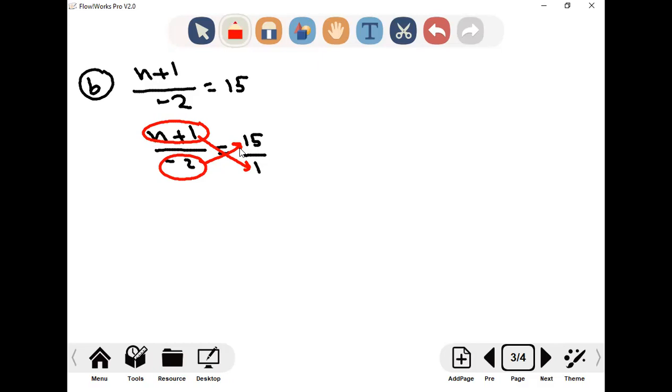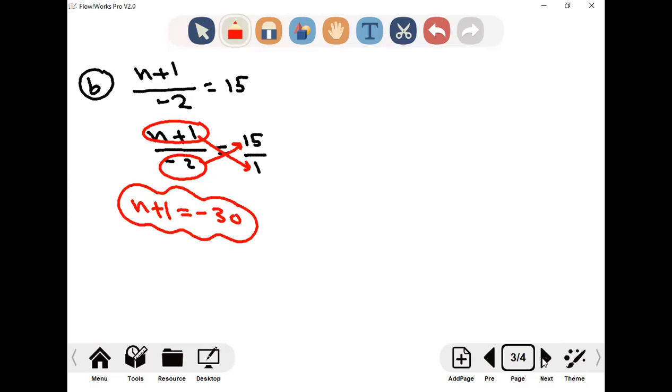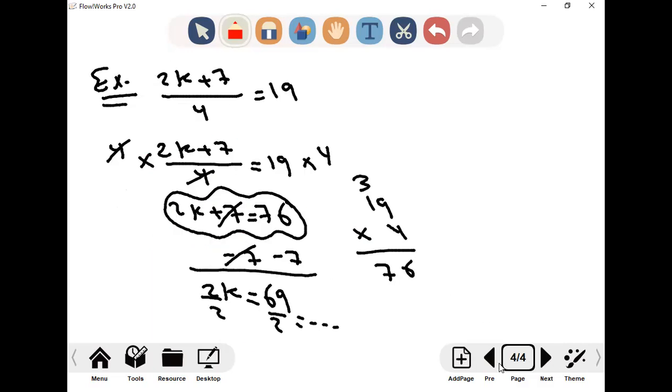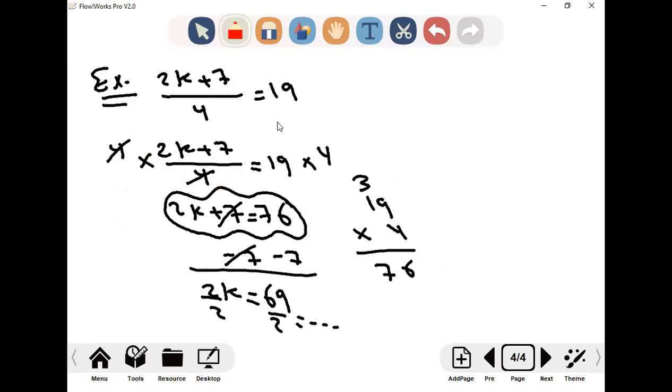Now n plus 1 multiplied by 1 stays the same, equal to negative 2 multiplied by 15, which is the same as what we did there, right? n plus 1 equals negative 30, and here also, n plus 1 equals negative 30. It's the same. The second one, which I gave you also, you can put 19 over 1 and multiply cross product. You will have this one. It is the same. Got it?